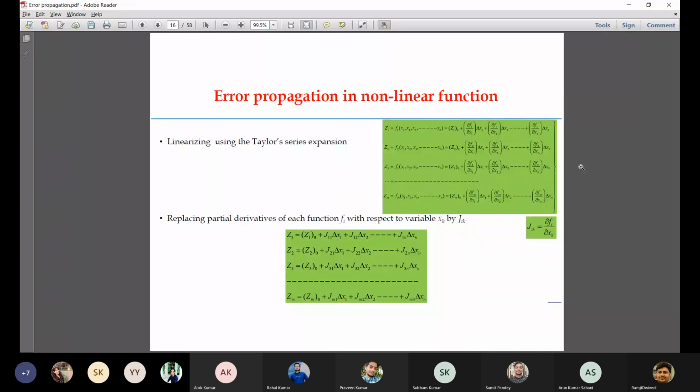Take three variables x1, x2, x3 and three functions z1, z2, z3. Do it. Now you have a little background from your previous understanding. Let me see if anyone can come up with the right answer. Just try to do it. Hint number one: take expectation on both sides. Start from there.